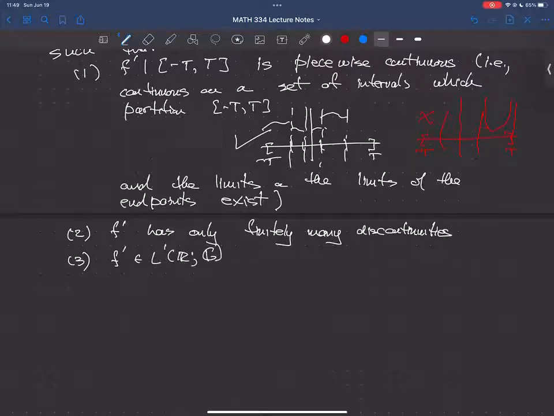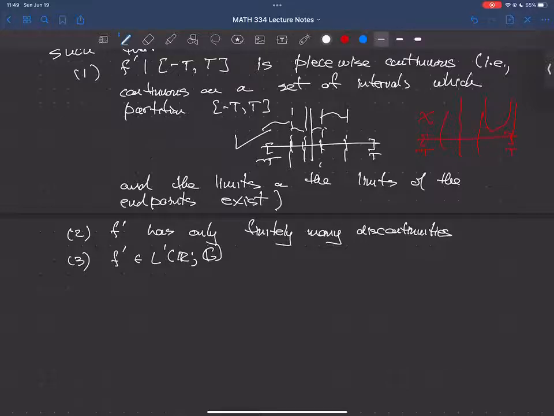This is very analogous to something I had for the CDFT. But here I need to assume that f prime is in L1 because, again, piecewise continuous does not imply L1.